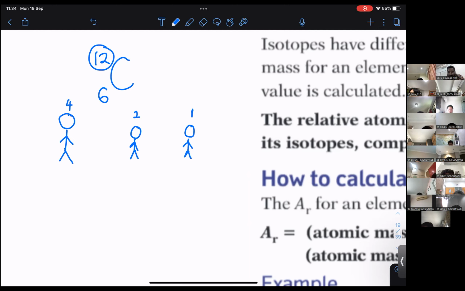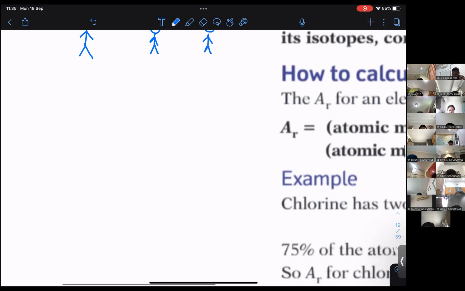In the past, it was very easy. When scientists found out how to compare relative to each other, they used hydrogen. The mass number of hydrogen is 1. So when we compare, for example carbon 12, or another one, nitrogen 7 and 14, what does it mean?